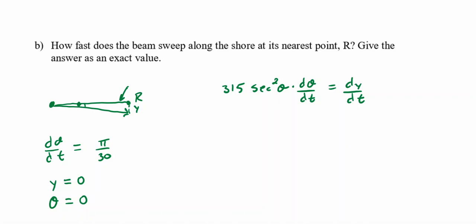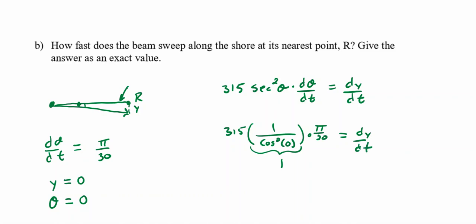So this would be 315, and then secant squared theta, I'm just going to write this as 1 over cos squared of, and then I could put the angle of 0 in. So what is cos of 0 degrees? 1, right? So this is really just going to be 1 over 1. So this whole thing is just 1. Nice. And then that was pi over 30. This is equal to dy dt. Okay, so in the end we get 21 pi over 2 meters per second.